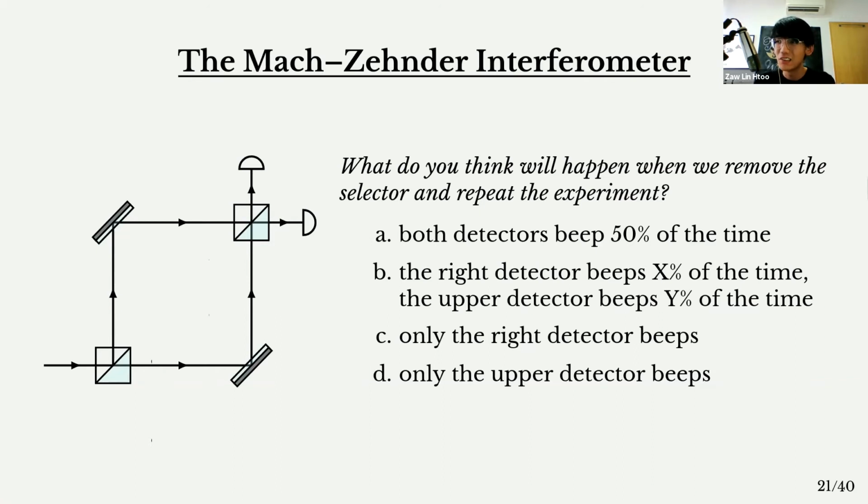Well, to know the actual answer, maybe I shall just gauge how many people answered what. So the vast majority seems to have answered A. This is a logical choice because previously, if we have 25% for each detector, when we remove the blockage, we expect something like 50-50.